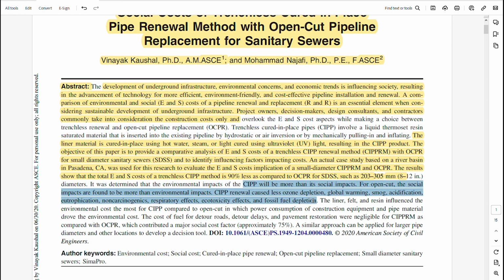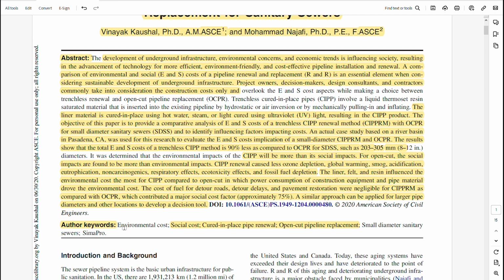Then is the result of the paper, including the conclusions and recommendations for future research. At the very bottom, we have the keywords. Keywords are basically some of the highlights or the important words which have been used in writing the paper.